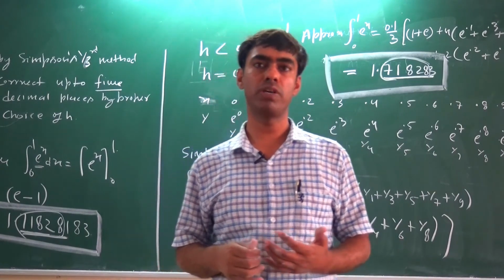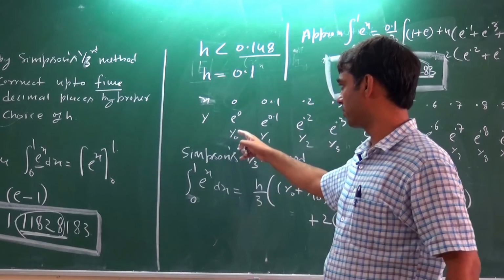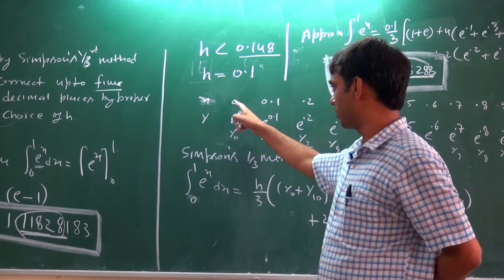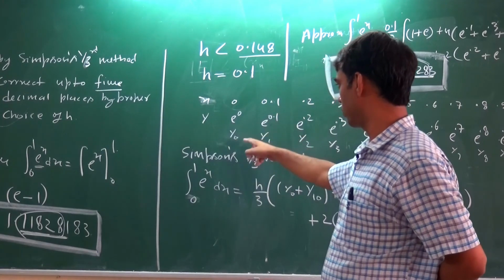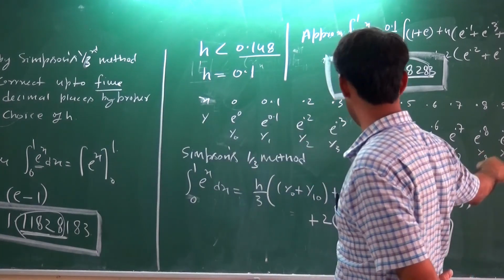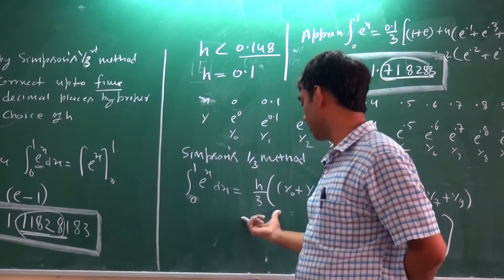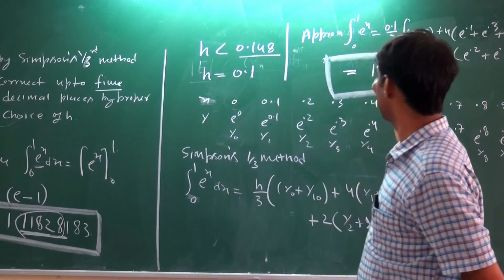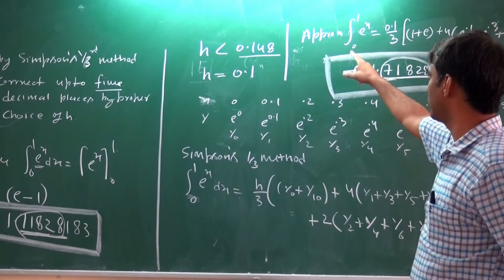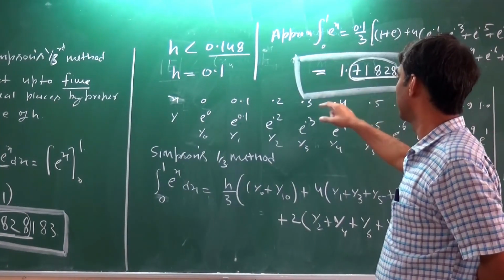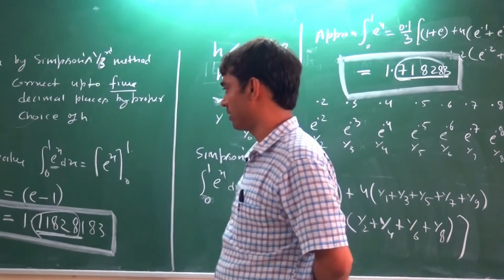So with this information we find the value of h. Once we find the value of h, then we write the values of x and y for different ordinates, in an interval of 0.1. Then we find the values of y0, y1, y2 up to y10. Then, with the help of the Simpson 1/3 formula, after calculation we find the approximate value of integration with the Simpson 1/3 rule, and we know the actual integration.